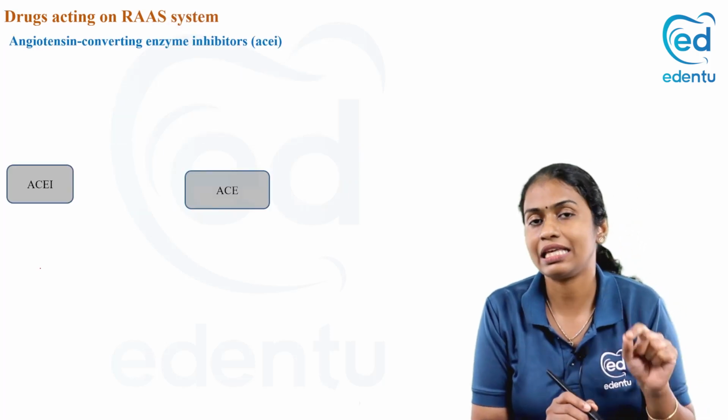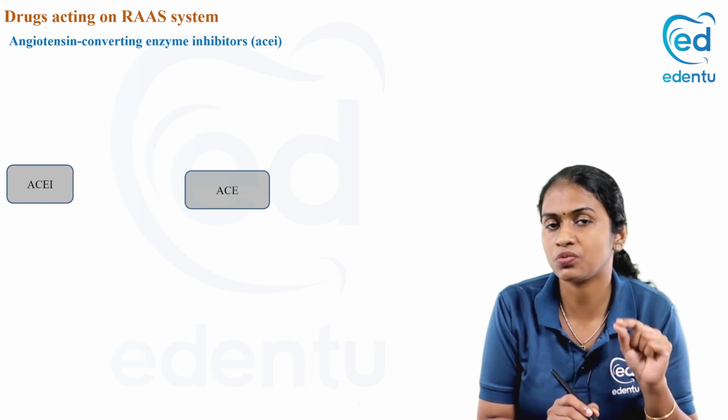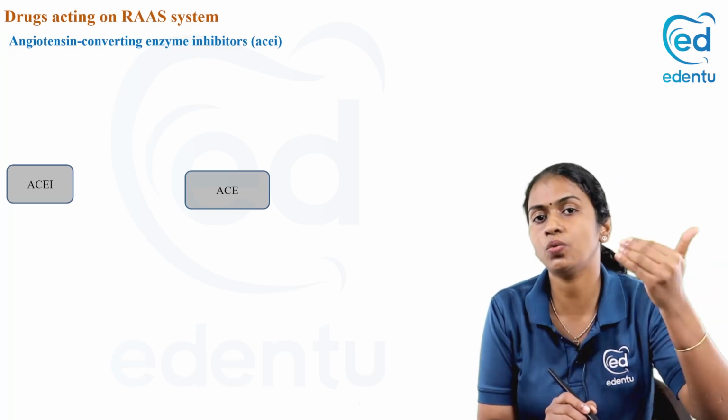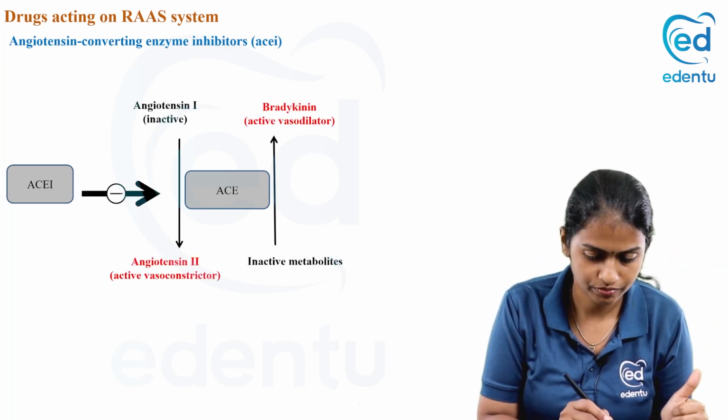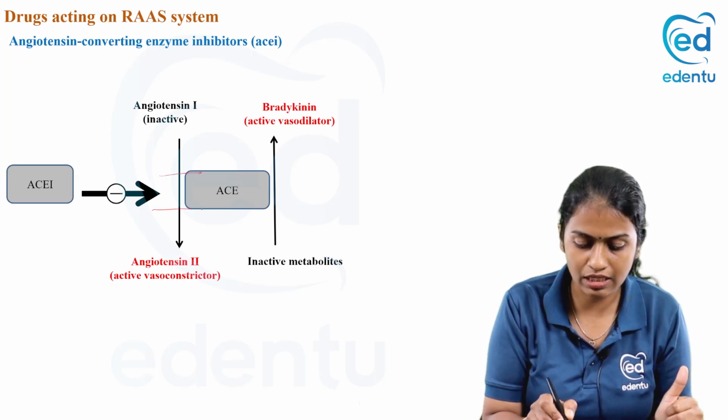So we'll see ACE inhibitors or angiotensin converting enzyme inhibitors. What does it do? It inhibits the conversion of angiotensin 1 to angiotensin 2. Okay. So this is inhibited by ACE inhibitors.